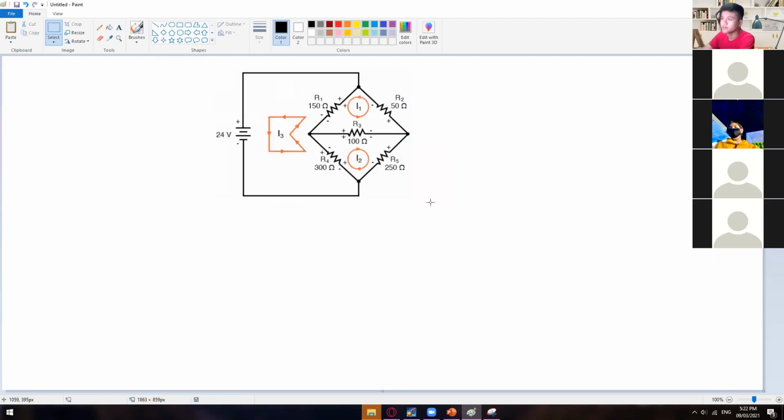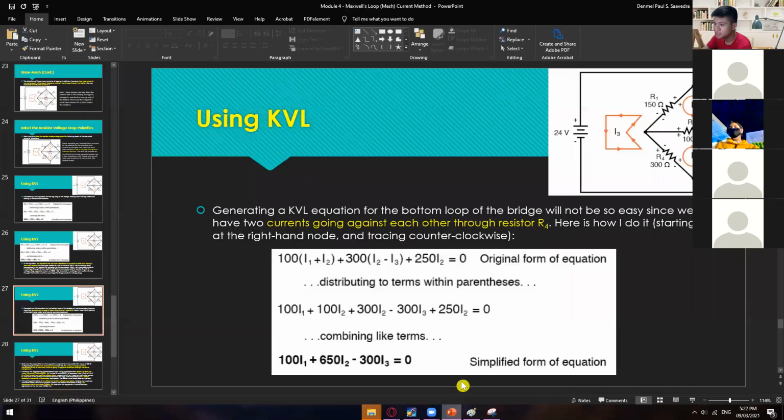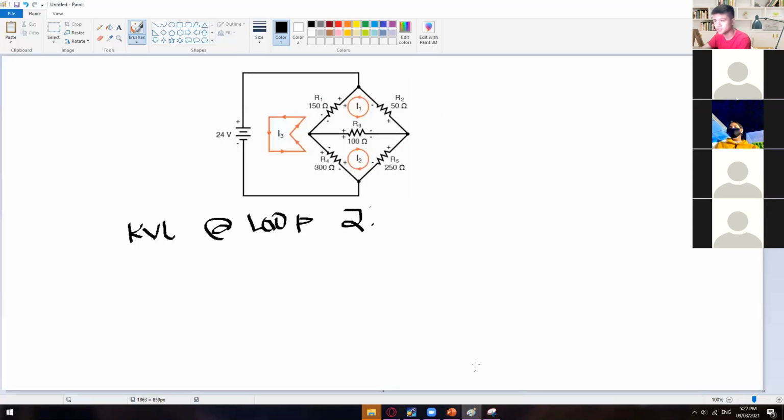Now let's proceed with our loop number 2, so KVL at loop number 2. In here, what did you choose? I guess it's positive. Yeah, so we'll just go with positive also for us to have the same answer.